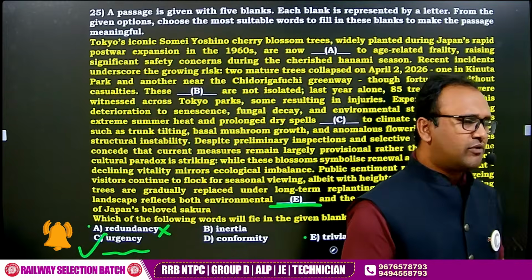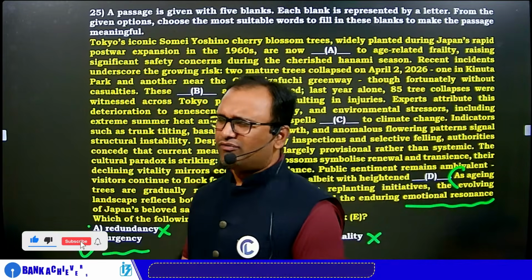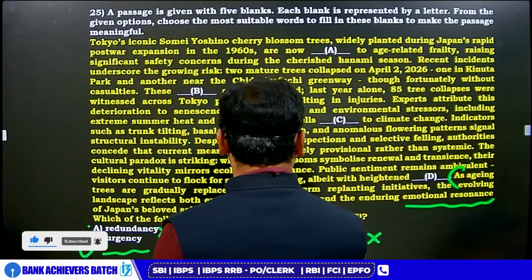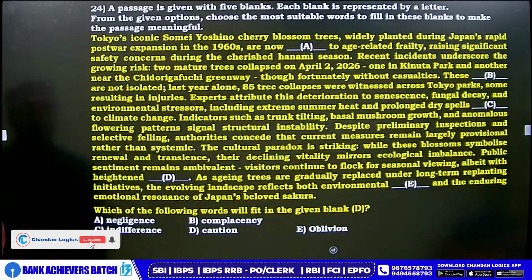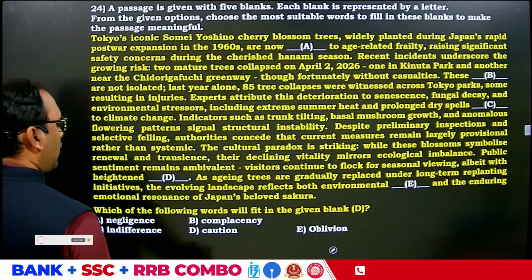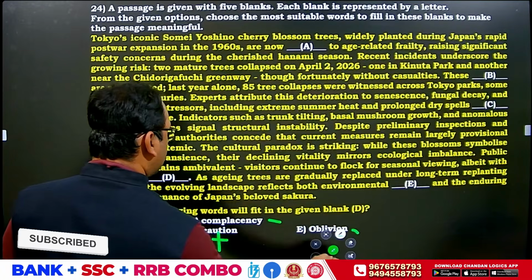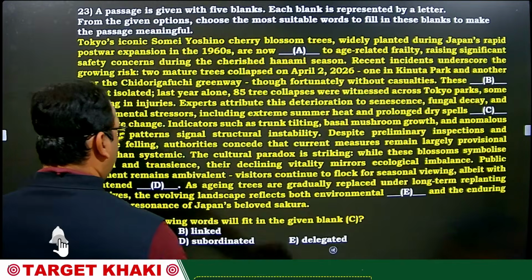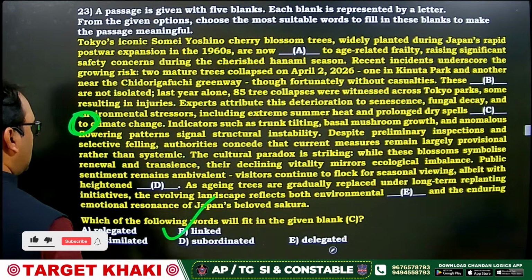But guys, in this set of 5 questions, I'm telling you 4 are absolutely easy. Maybe the 5th question is slightly complicated, but the 4th is very easy. You know why? Only caution is a positive word, the rest are negative. So easy naturally. Preposition to comes, so naturally link to, easy.